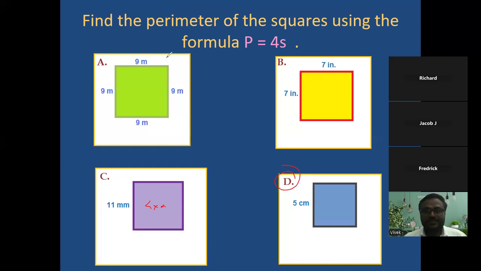Come on, guys. Give me the perimeter of this particular square. And I want it ASAP. Fast. Do I have some answers?